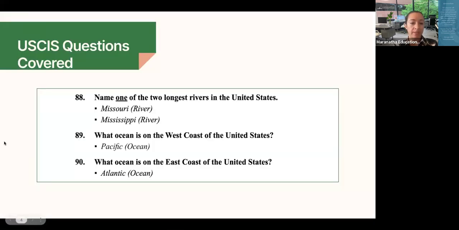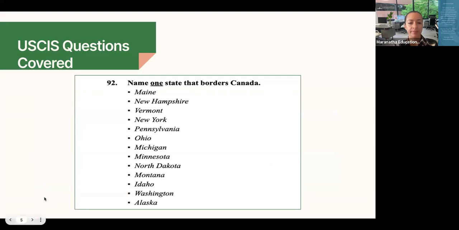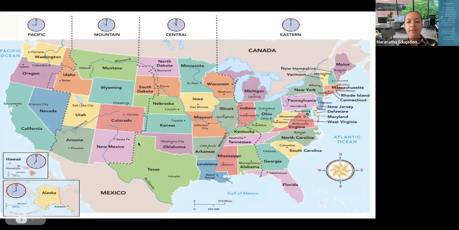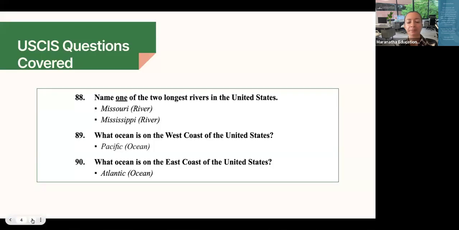Now we go to question 90. What ocean is on the east coast of the United States? And if we go to our map, we can see that the Atlantic Ocean is to the east coast of the United States. Very good.